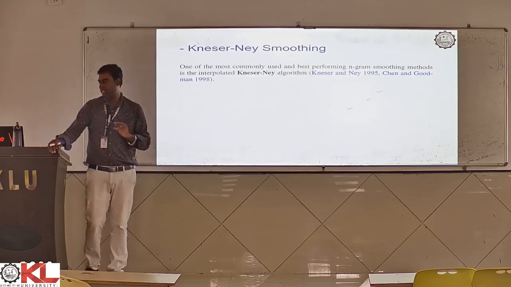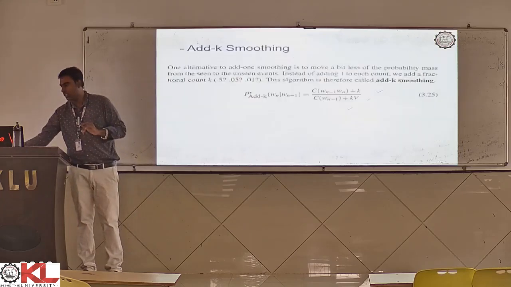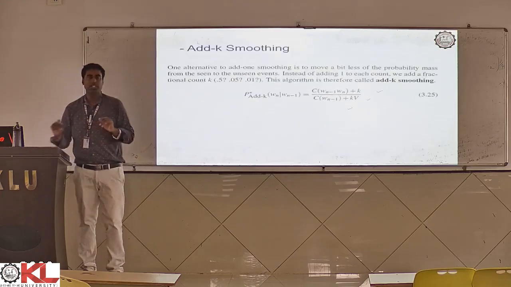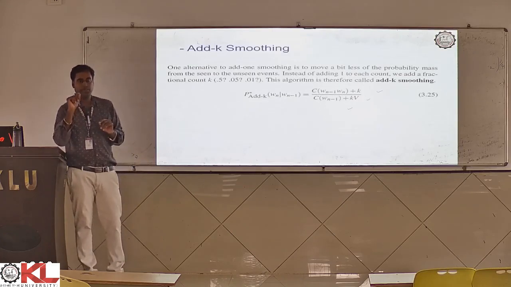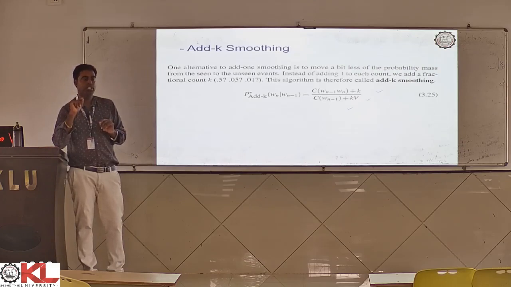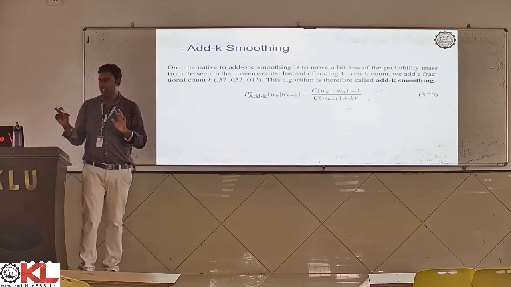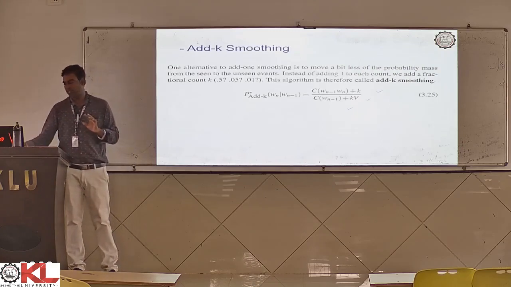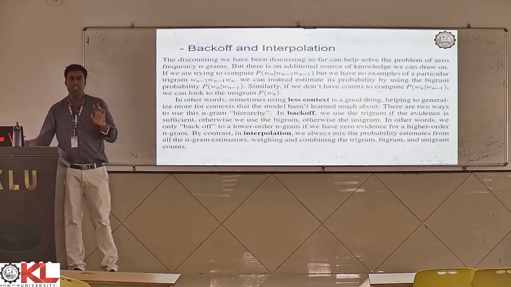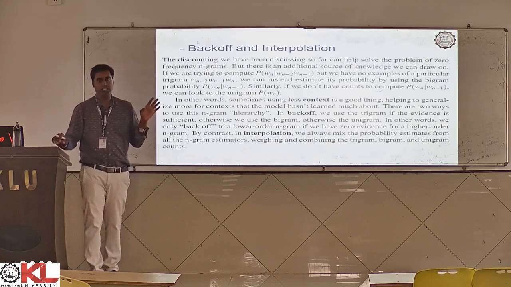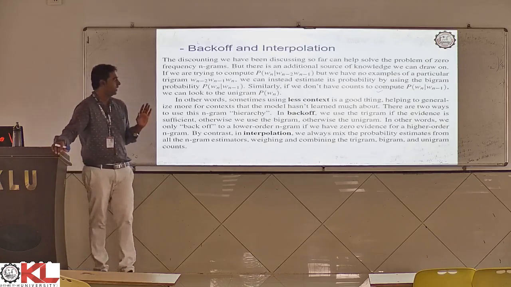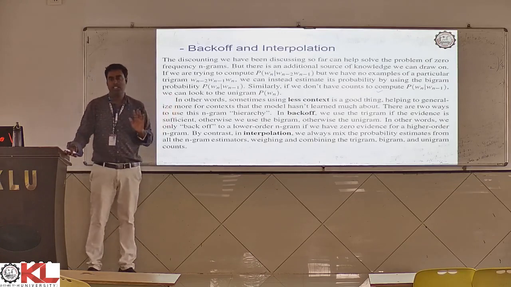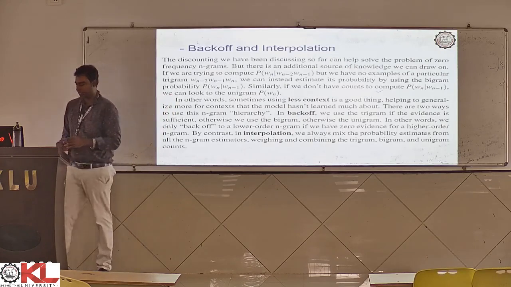Next we discussed add k smoothing, where instead of adding 1 in the numerator, we add some fractional value, that is the k value. This is the concept of add k smoothing. Then we discussed the concept of backoff and interpolation. These are all the cases we discussed in the smoothing approaches.